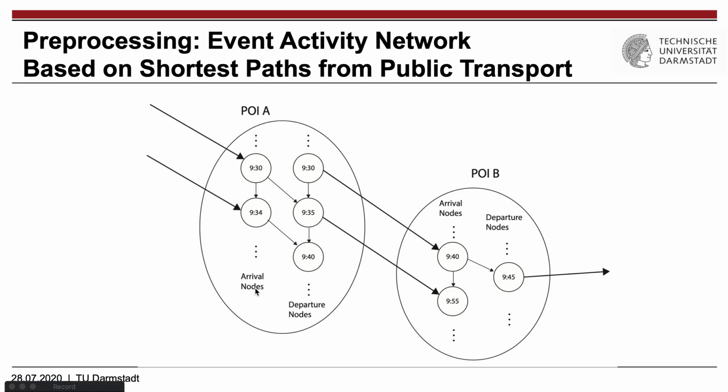So this gives us the shortest path, and from these shortest paths we can construct an event activity network. So we have here, for example, POI A, and if we leave at 9:30, we arrive at POI B at 9:40, and by doing this for every time slot, we have all options to travel between POIs.